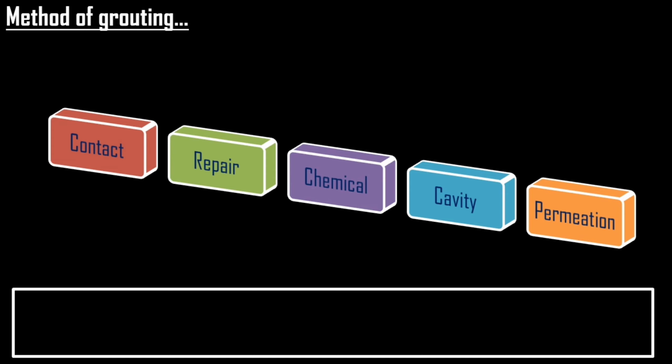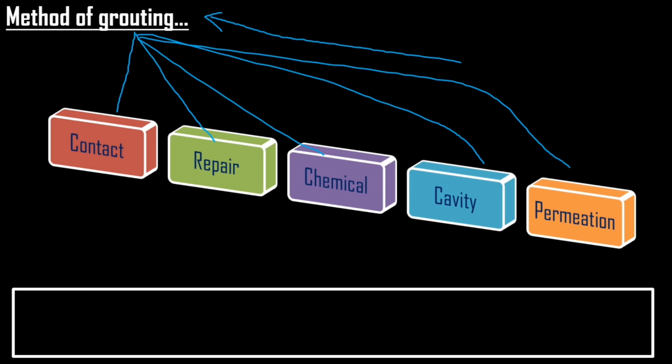Now the next question is, sir, what are the different methods available for grouting? The methods are contact grouting, repair grouting, chemical grouting, cavity grouting and permeation grouting. With the help of any of these methods, I process different types of grouting.